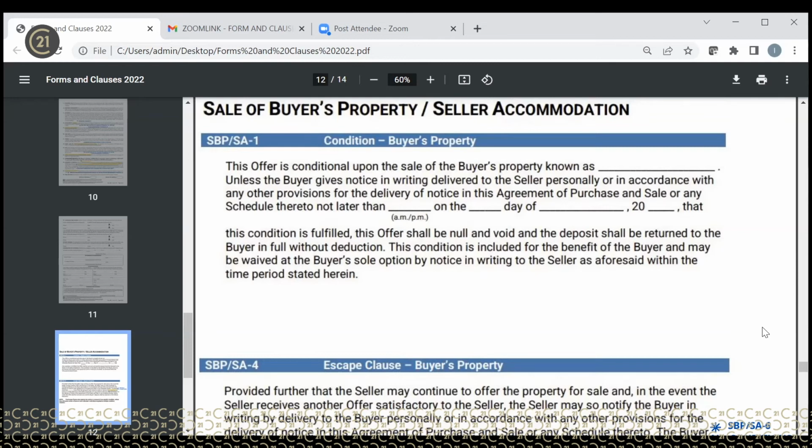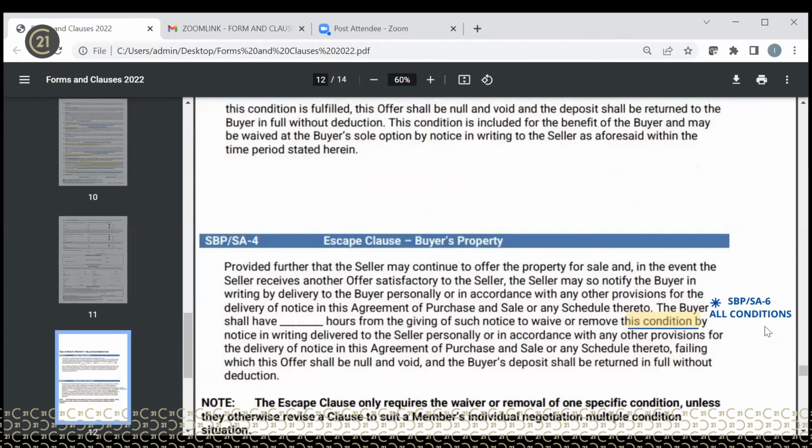You have sort of like first right of refusal, if you will. So if you, as a buyer's agent, put in this clause, you have a little bit of control about how long your buyer will have to either waive their condition or sign a mutual release and walk away.